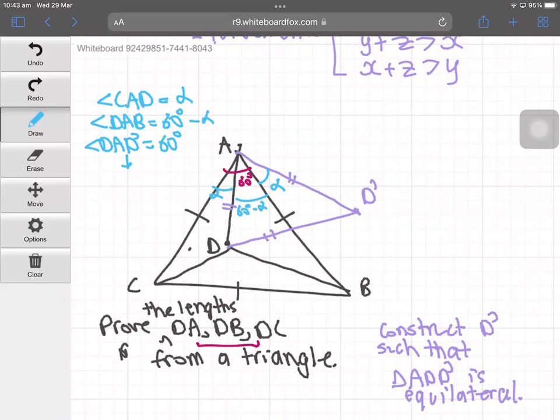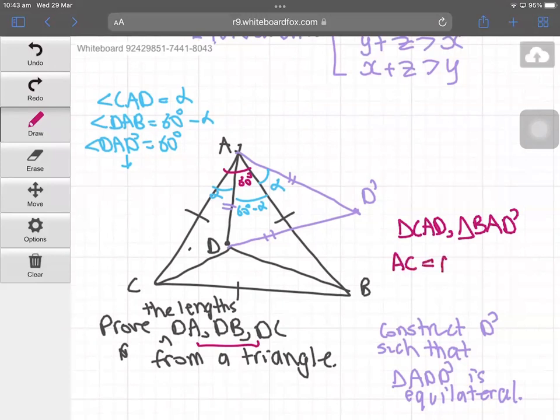And now, if you look at triangle CAD and triangle BAD prime, we see AC is equal to AB, AD is equal to AD prime, and CAD and BAD prime are equal to alpha.